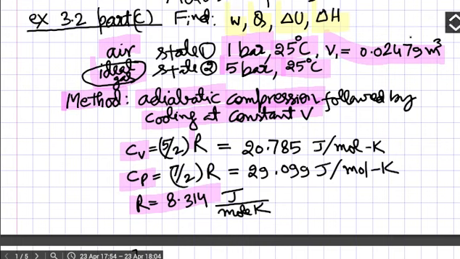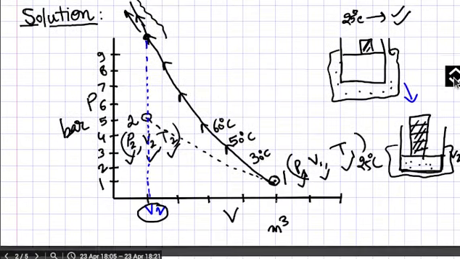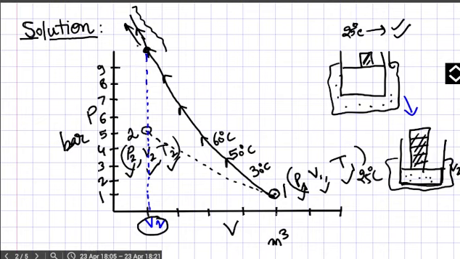After that, the second part is that you have to cool the gas, because here you will have a very high temperature. For example, it may be 500 degrees centigrade, so this gas will be at high temperature. Now you have to cool this gas and maintain the volume the same. So how will you do that?